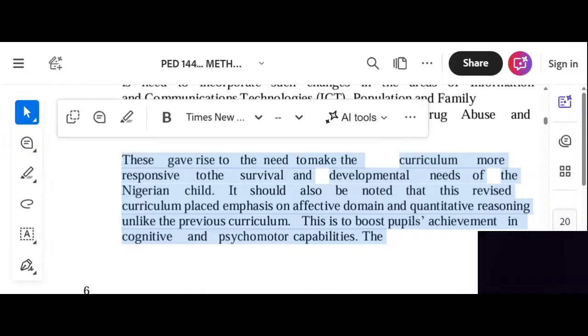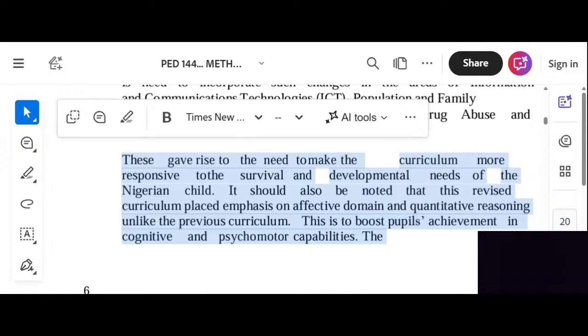So instead of only teaching pupils how to solve mathematical problems like the other curriculum, which just focused on knowing that 2 plus 2 is 4, that's all you need to know, it wasn't applying it to life or taking them to think beyond 2 plus 2 is 4 outside the box of the classroom.